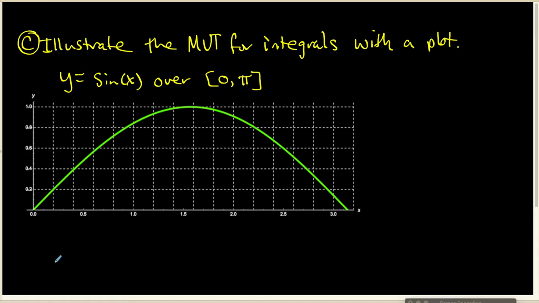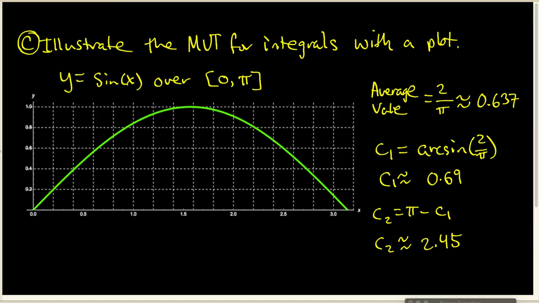Now the next thing is I want to remember that my average value is 0.637. We figured that that's 2 divided by pi. And we also have the two values for C. All I need to do to finish the problem off is I need to draw a horizontal line for the average value and make sure that it intersects the curve at vertical lines for these two values.